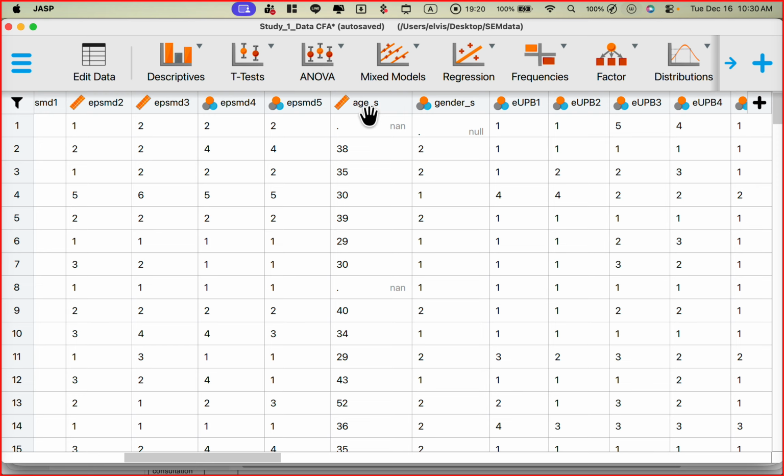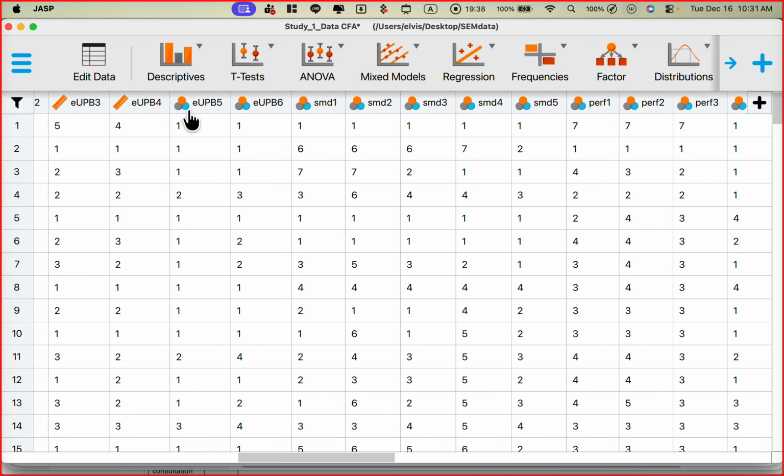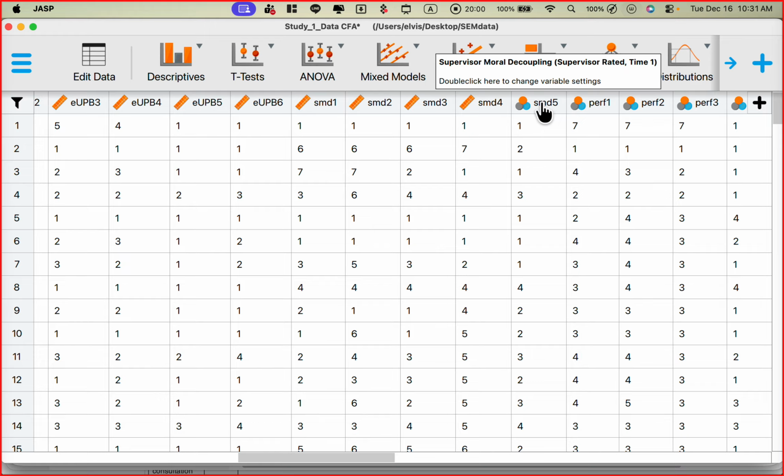So the age, we don't need to put into the CFA.